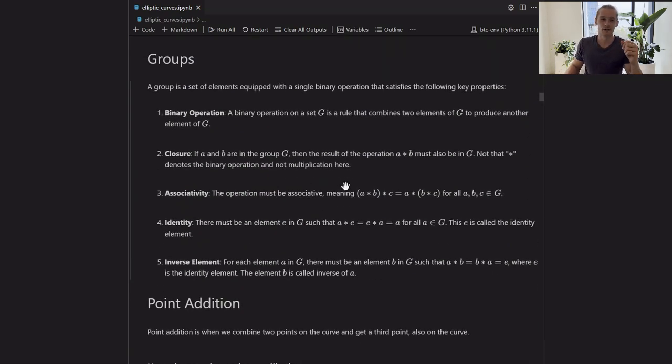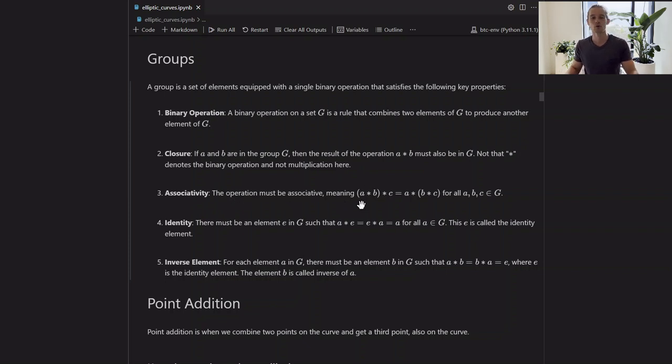Now, the first property that this has to satisfy is closure. Closure is very much related to what we just said. It just means that if you do the binary operation between two elements in the group, A and B, now star here just denotes the binary operation, then you get another element that's also in the group. Associativity means that the operation must be associative.